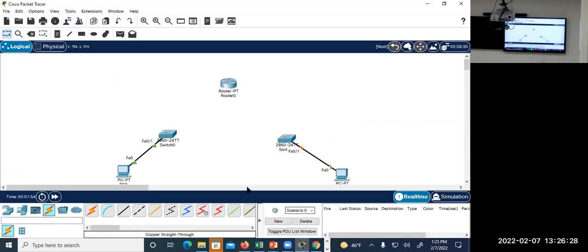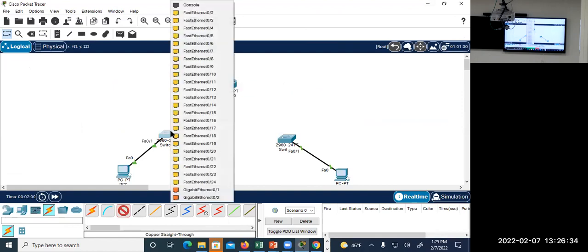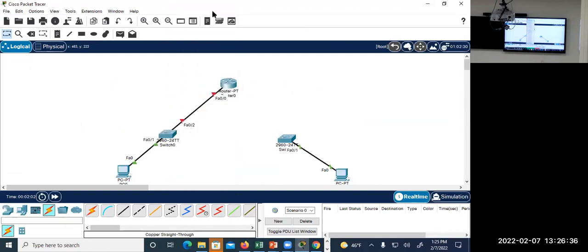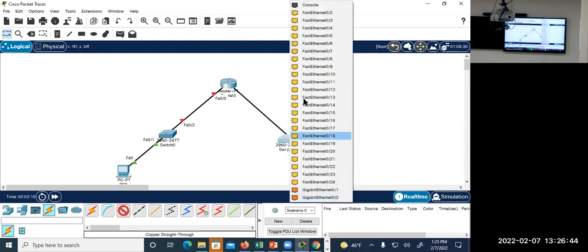Now in the router, connect to the switch. In the switch, it does not tell you which one. This one connect from the first one.